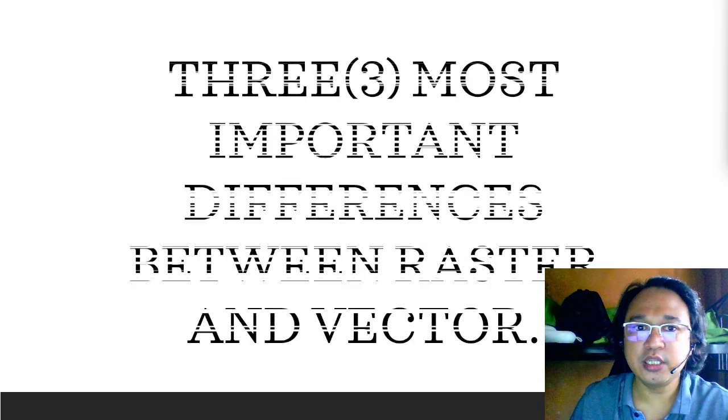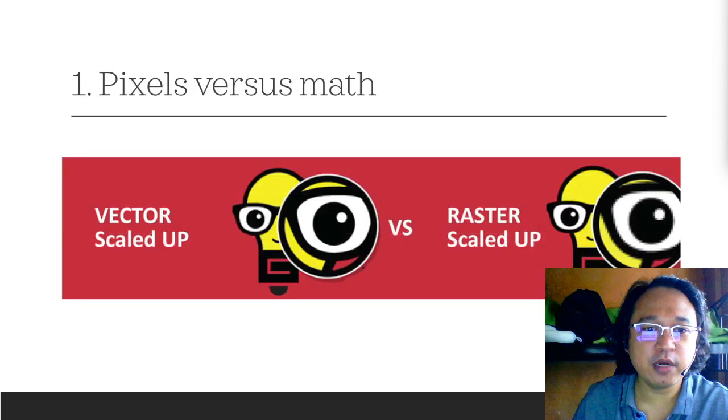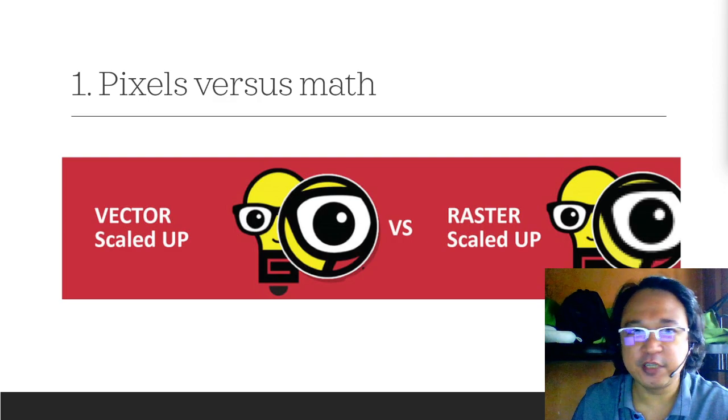We have three most important differences between raster and vector. First is pixels versus math.